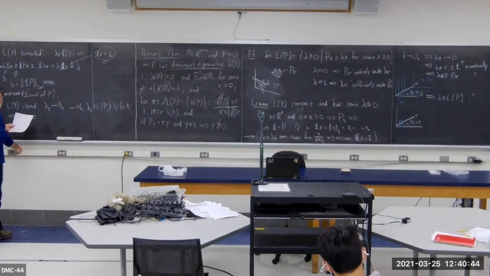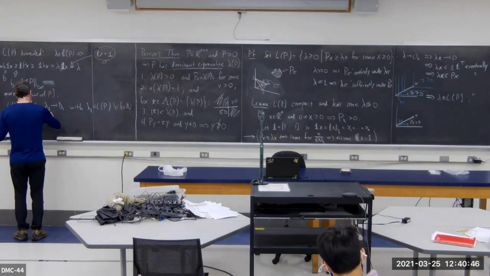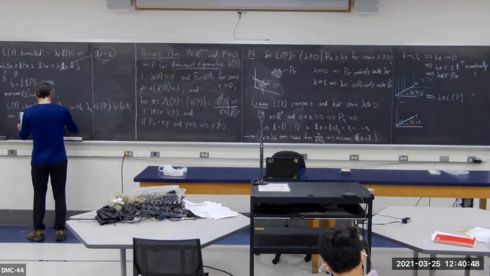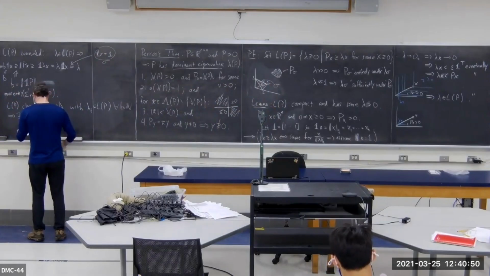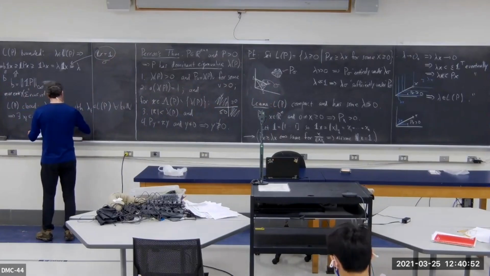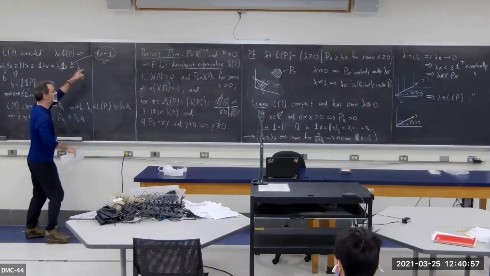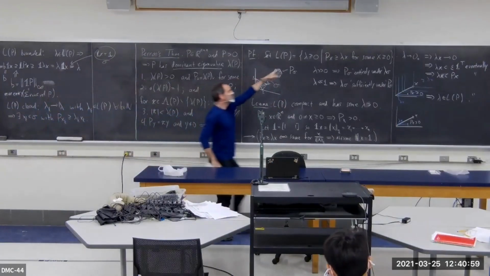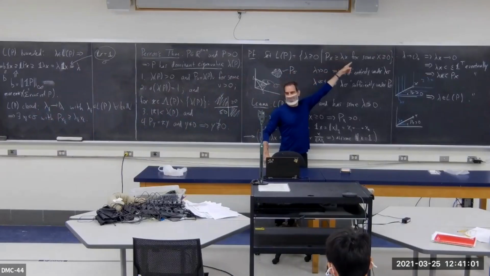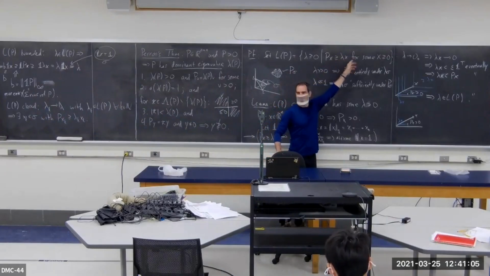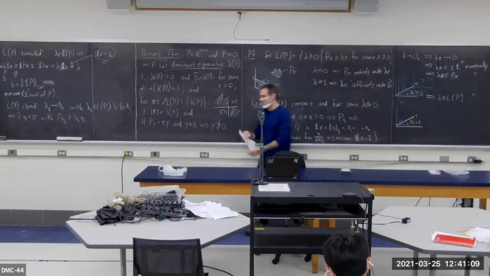So there's an xk in sigma with P xk greater than or equal to lambda k xk. That's purely the definition of lambda k being in L of P. It says there exists some xk such that P of xk is greater than or equal to lambda k xk. That's purely the definition, nothing else.